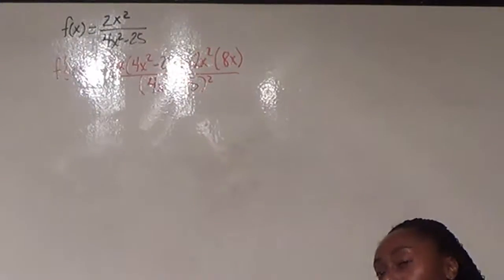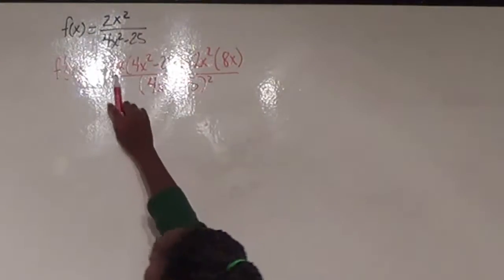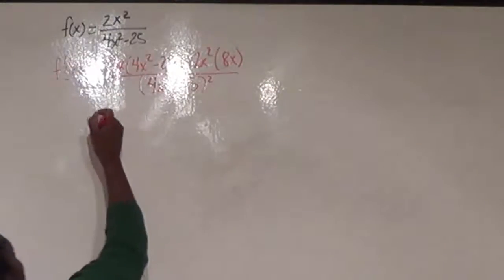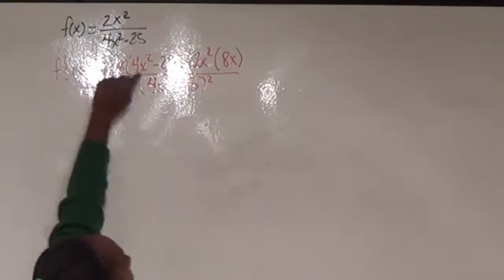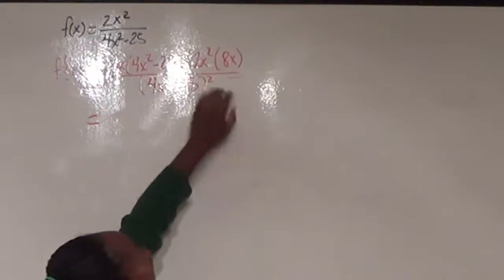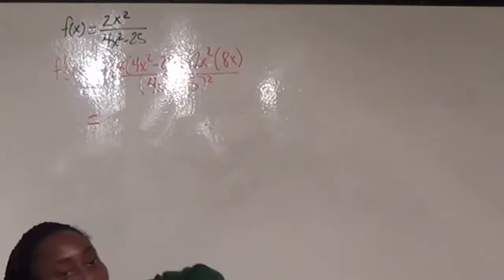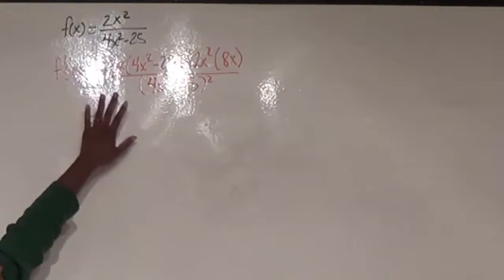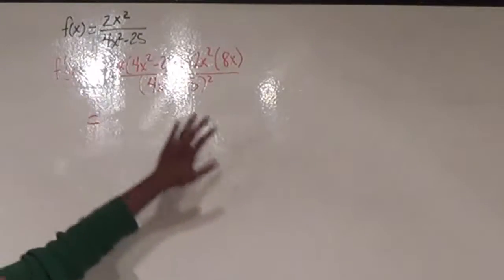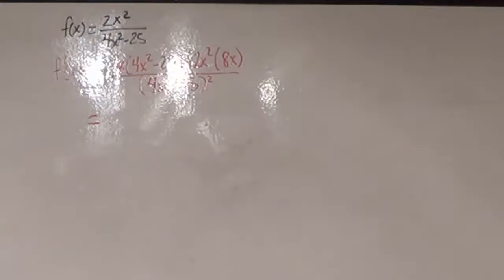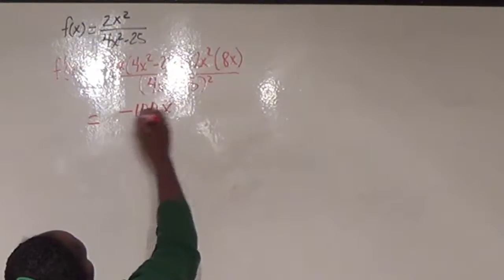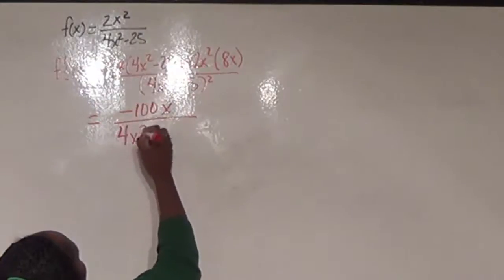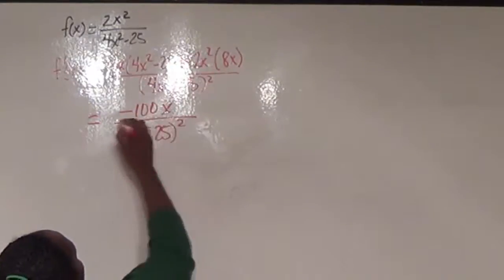Here, again, we want to simplify where we can. We'll notice 4x squared and 4x squared gives us a 16x cubed minus the 16x cubed from the other side. Those will cancel out, and so we're just looking at negative 100x over 4x squared minus 25 squared.